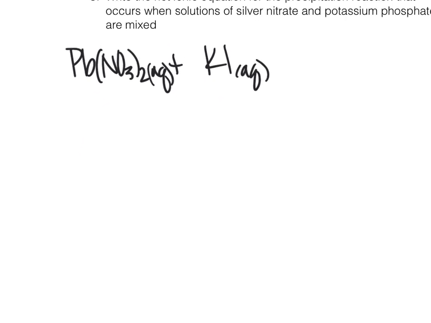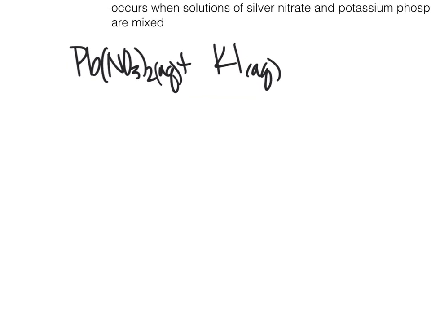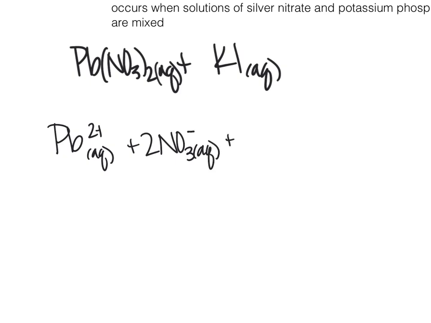So the first thing that we want to do is begin to create our complete ionic. So we have Pb2+ aqueous, plus 2 nitrates aqueous, plus potassium plus aqueous, plus I- aqueous.